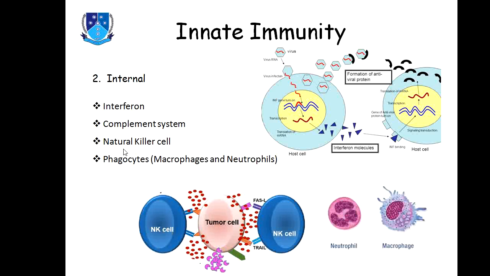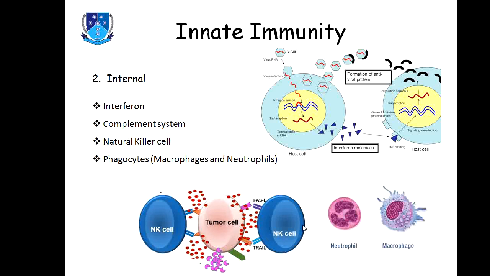For example, if a cell is highly infected, or if a cell is mutated, if a cell becomes tumorous or cancerous, these cells can be recognized by the natural killer cells, and natural killer cells come all around these tumor cells and destroy these tumor cells.